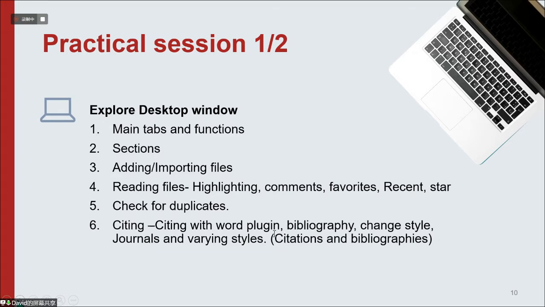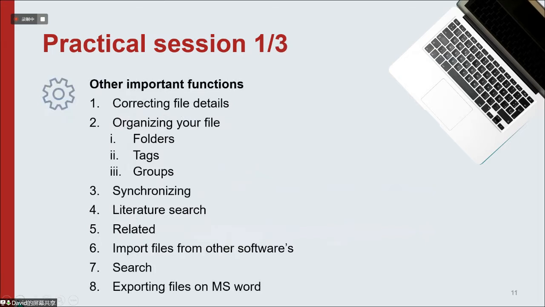And then we'll get into the main aspect, that is citation, different ways of doing it, how to change the styles, and how to go about all those things. And then I've outlined some few important functions of the app or the software that we have to take note of. So we'll go through that also one by one.